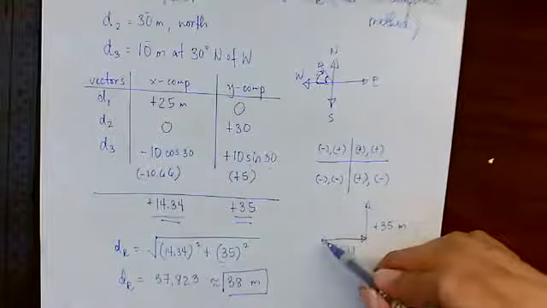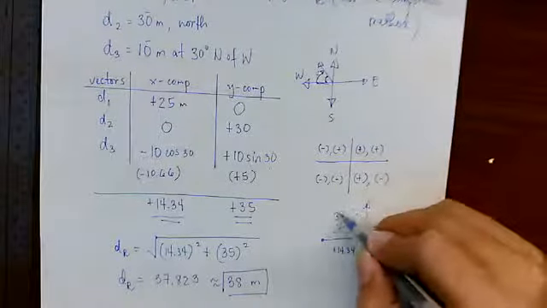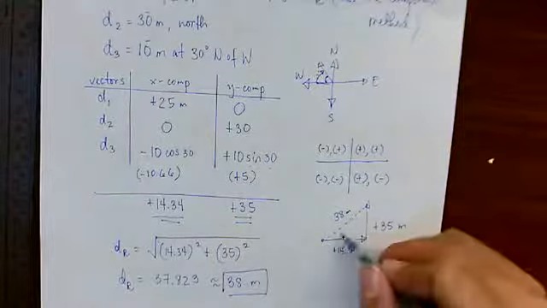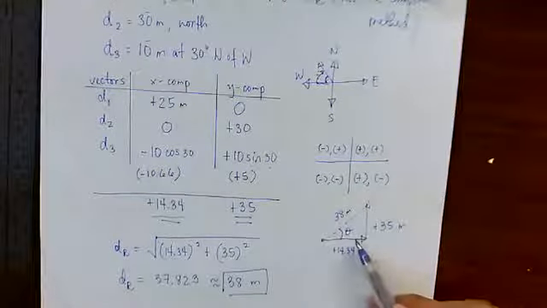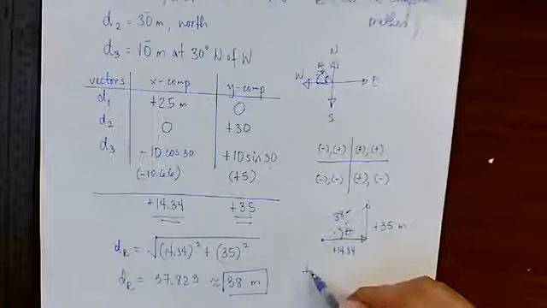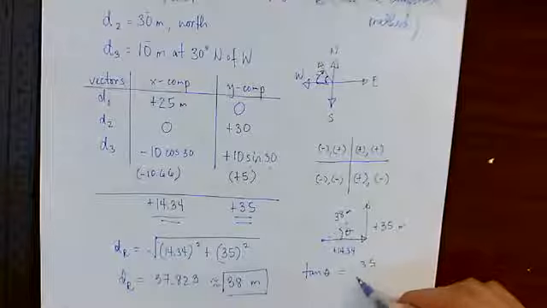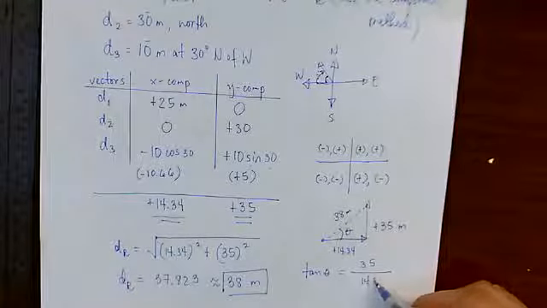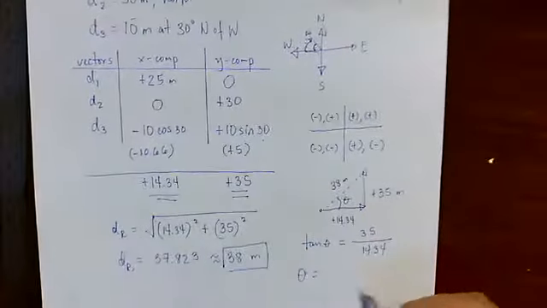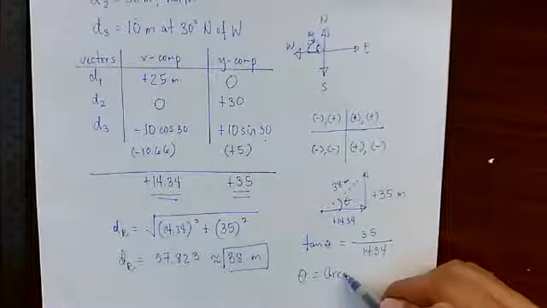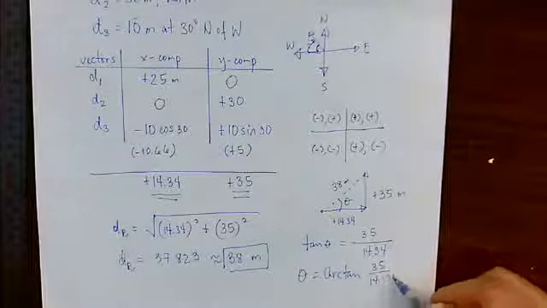So the resultant would be this one, 38 meters, and we would like to know the direction theta. We have to use tangent theta equals the opposite over the adjacent side. So theta is equal to the arctan of 35 over 14.34.